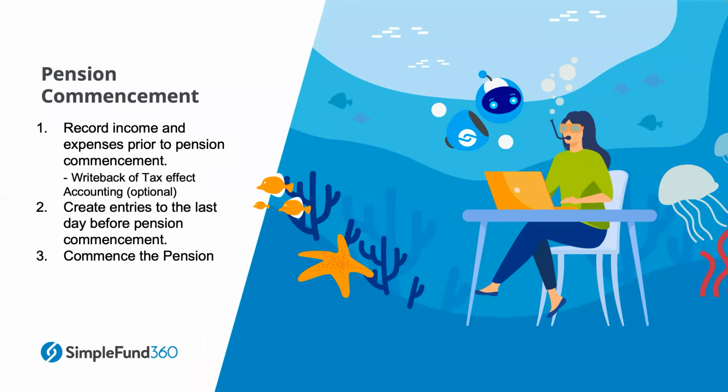Again, like what I mentioned with the first point, the reason that we do this is to ensure that we know exactly on a particular date what that member has in their account. So with that balance, you can decide how much you want to use, or if you want to use all of it, how much is appropriate or entitled for that member to start their pension with.